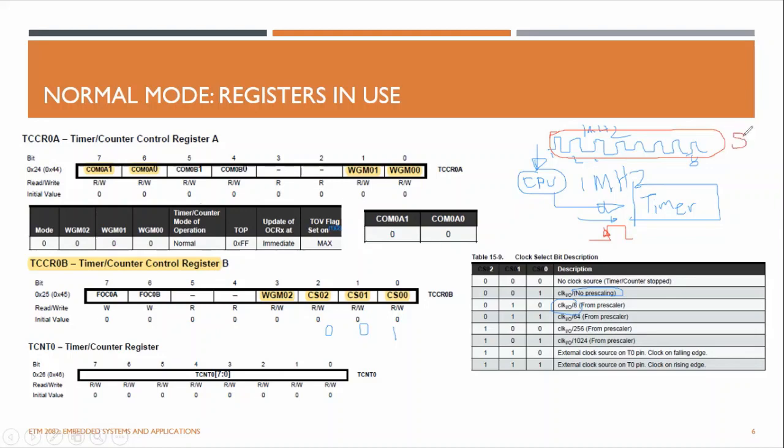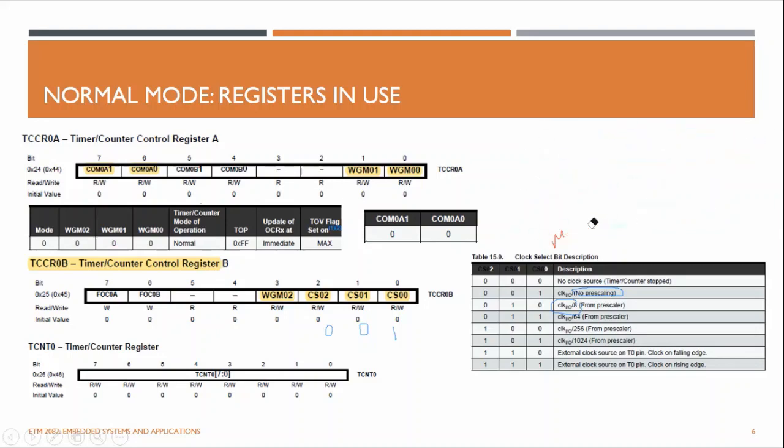So it takes 8 microseconds to update your timer. It's a slow operation, right? 8 pulses of the CPU are needed to update the timer by 1. And if you use 64, it takes 64 pulses to update your timer by 1. So that's how you use it.